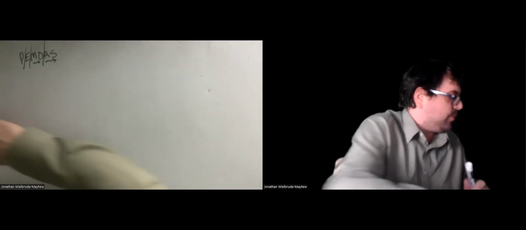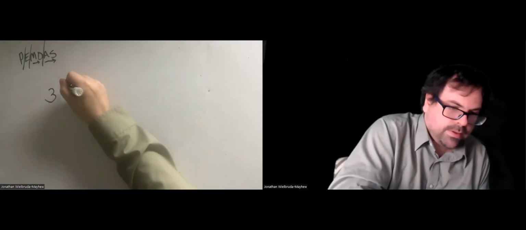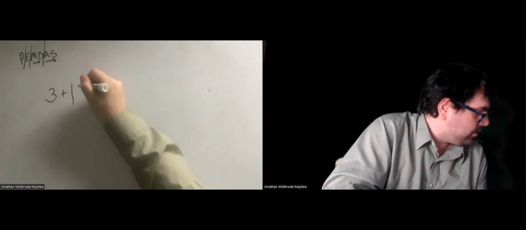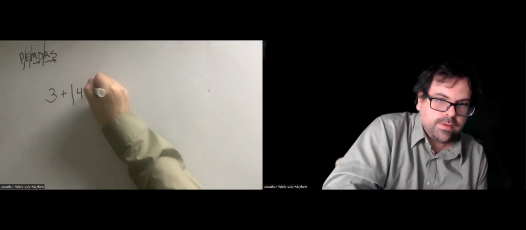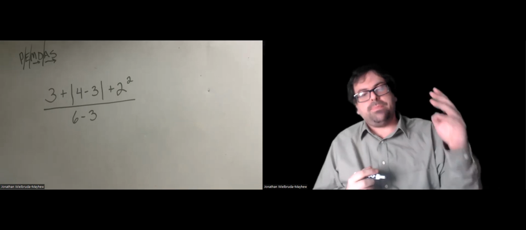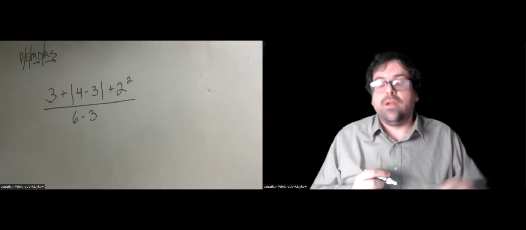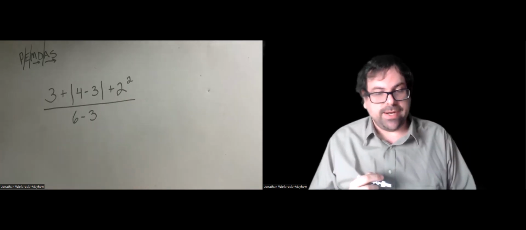Let's look at another crazy one. Three plus the absolute value of 4 minus 3 plus 2 squared all over 6 minus 3.